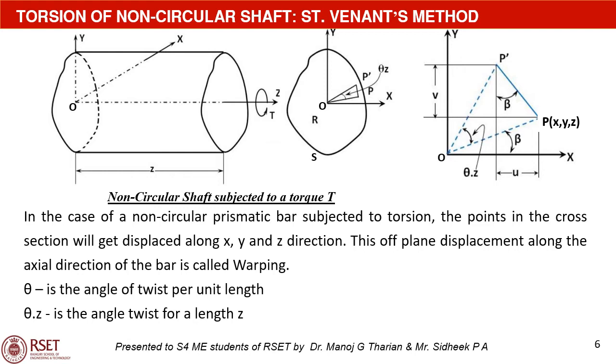Now you consider the third figure. Point P, whose coordinates are x, y, z, will get moved to P dash as a result of the twist. The angle of twist is theta times z. Point P will move by a distance u along the x direction and by a distance v along the vertical direction.